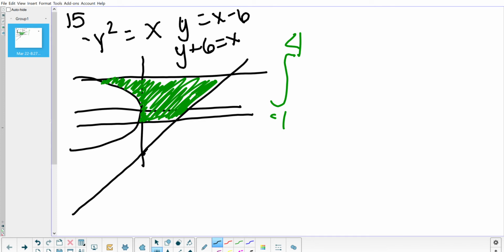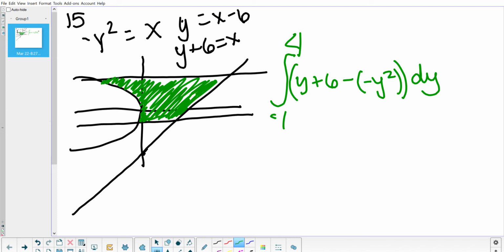Remember when you do y, it's right minus left. So it's going to be right curve, or line in this case, y plus 6, minus left curve, which is negative y squared, dy.